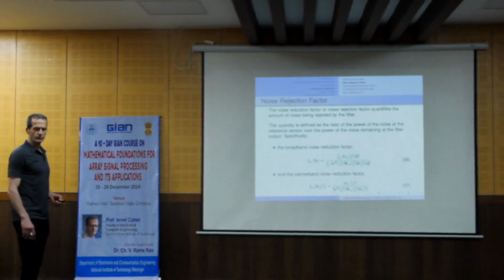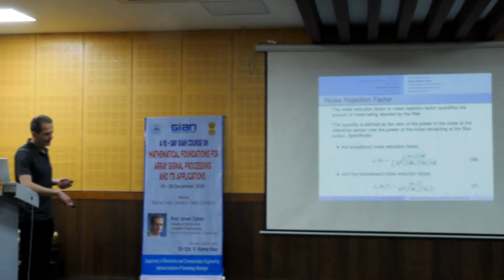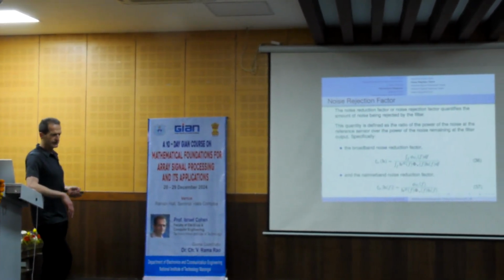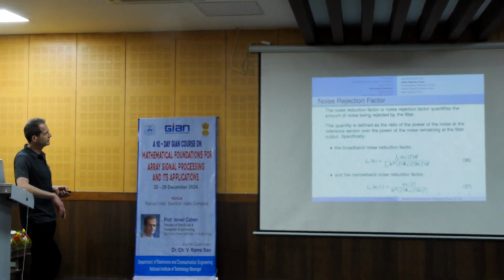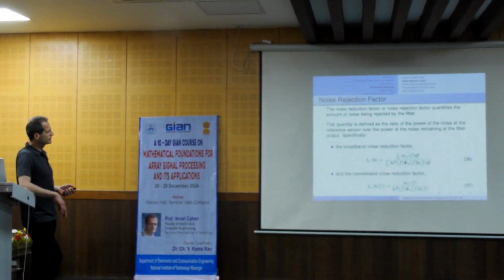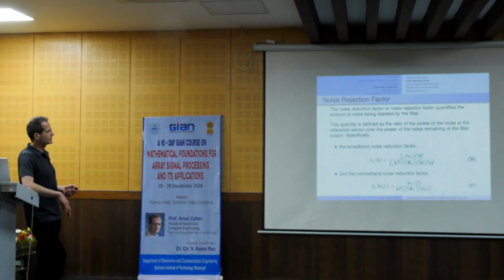Noise reduction factor. The same way that we defined the noise reduction factor for the time domain and single-channel frequency domain and so on, we can define narrowband and broadband noise reduction factors.